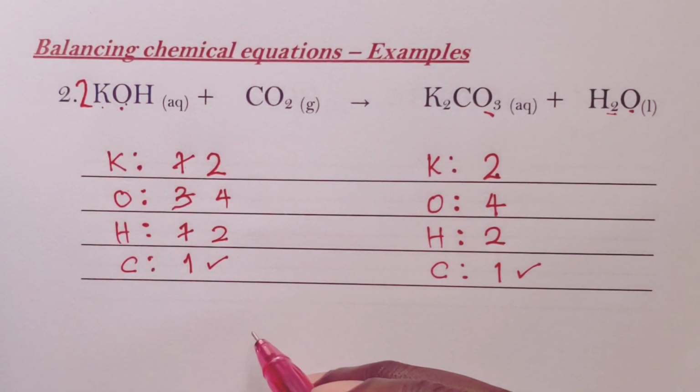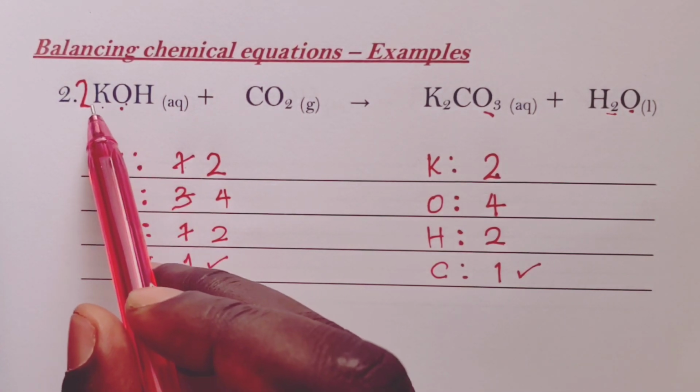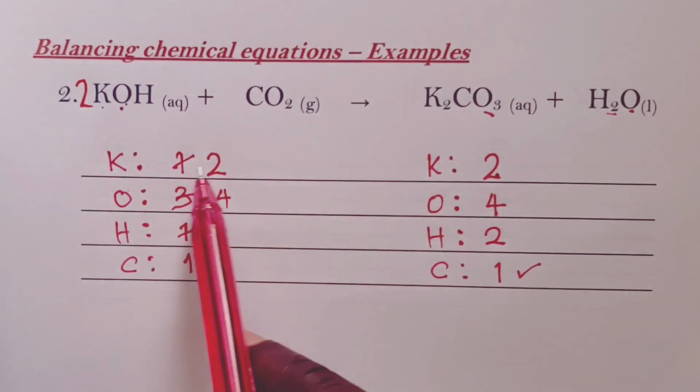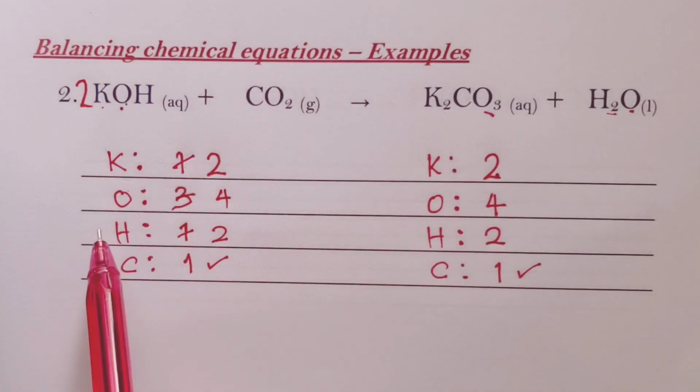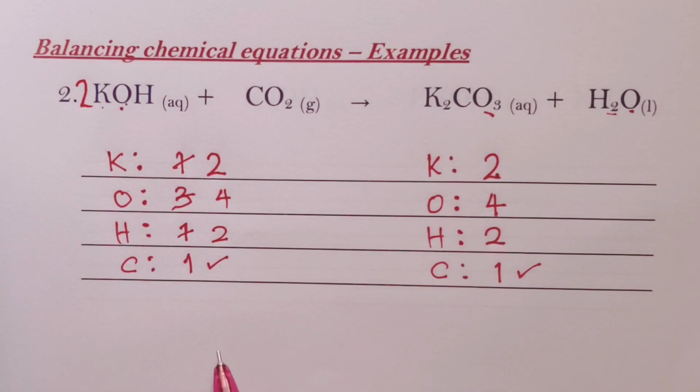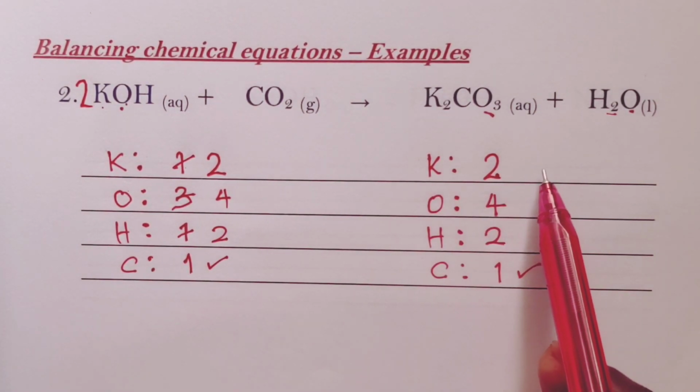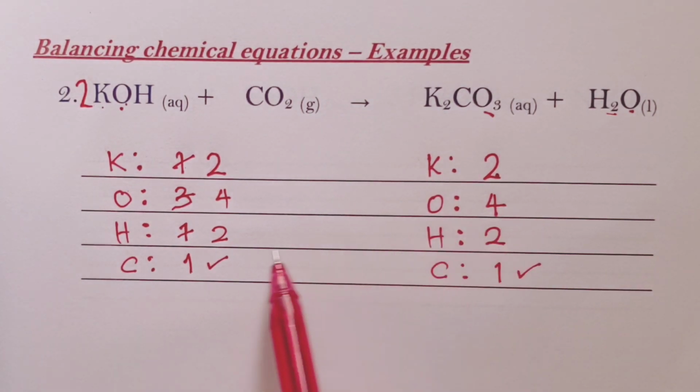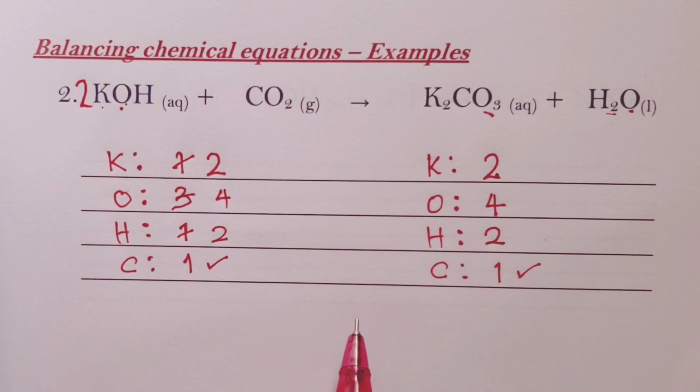And you can't believe this? By putting a 2 on my potassium hydroxide, all my other atoms are now balanced. 2 for potassium, 4 for oxygen, 2 for hydrogen, and carbon remains 1. Equation balanced. Let's move to example 3.